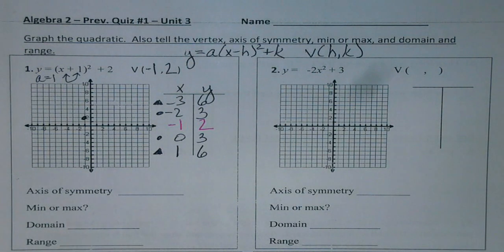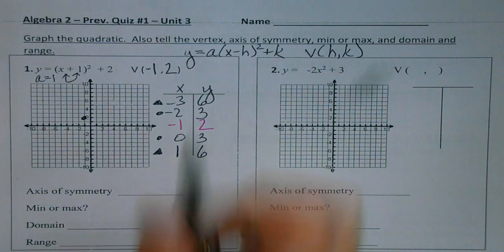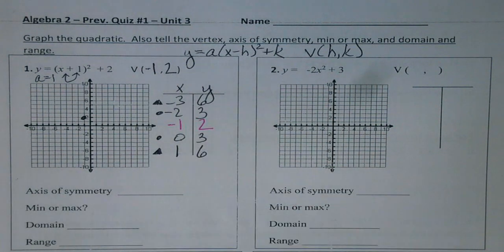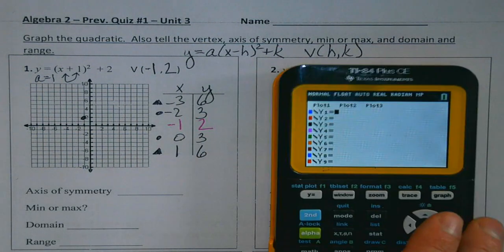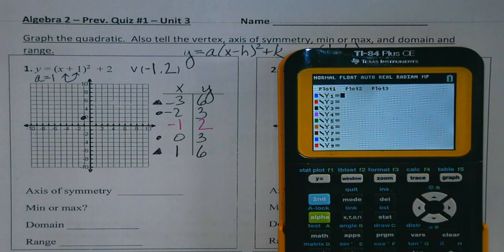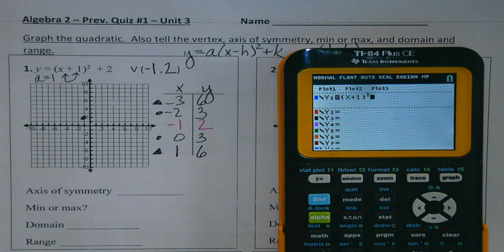Now let's say it gets to be the quiz tomorrow, I'm feeling good going in, and all of a sudden I get to the quiz, and I remember the vertex, and then I don't remember any of this other chart stuff. Is all lost? No. I'm just going to go to y equals. I'm going to type the expression in.